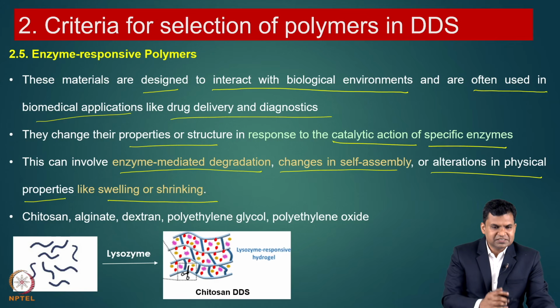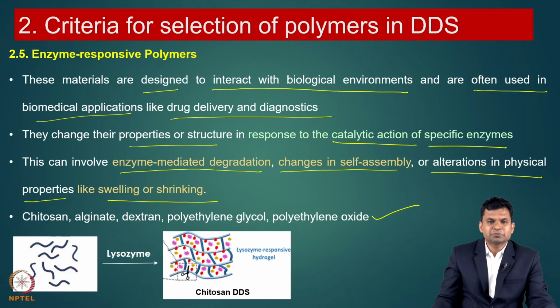Now, here you can see various examples which we can use for enzyme responsive polymers. One example is chitosan and alginate, dextran, polyethylene glycol and polyethylene oxide.